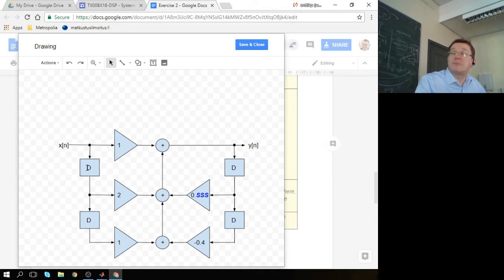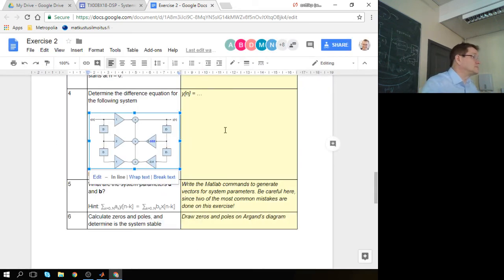This D means that there's a 1 time step delay. Same thing here, D's, and then you basically just follow the signal and calculate what is the output, following the summing junctions and that kind of things to find a difference equation for the output. Simple.